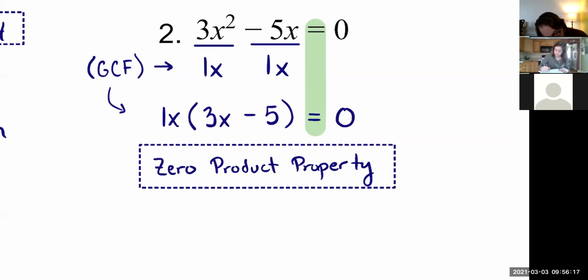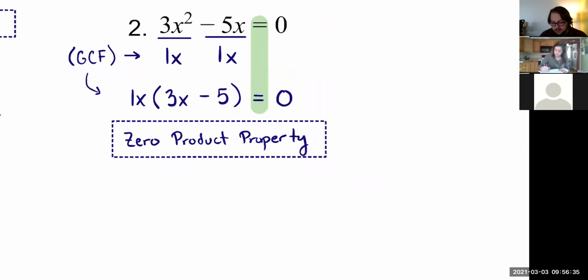The 0 product property says that if you have a product, say maybe a monomial times a binomial, and that whole product is set equal to 0, then at least one of the parts of that product itself must be 0. So we come up with 2 conclusions.